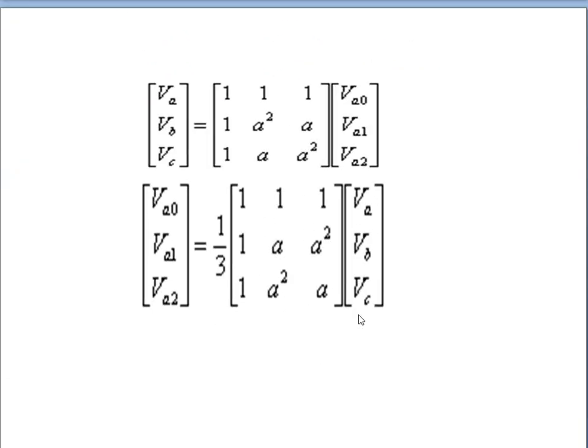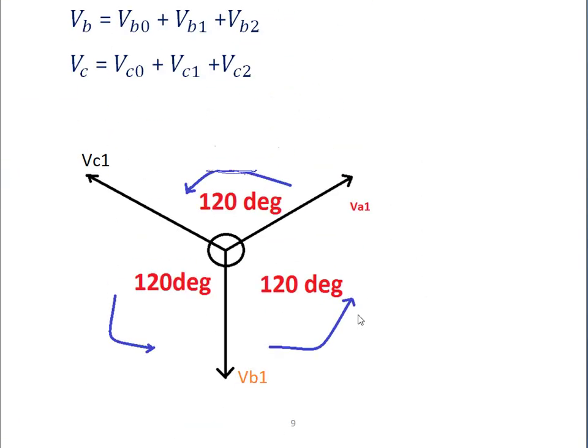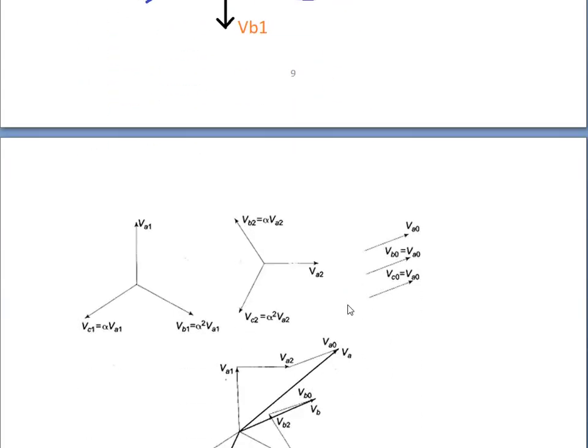Similarly, we can represent negative phase sequence components also in terms of the reference vector VA. So look at this. Negative phase sequence components means the suffix for those vectors is 2. That is VA2, VB2, VC2. As I said earlier, the negative phase sequence vectors will have the phase sequence opposite to that of the original system.